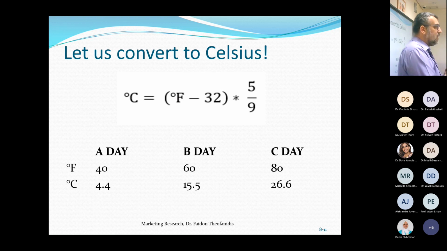Ordinal means ranking. And ranking does not imply that there is equality of difference between the ranks. I'm first, you are second, you are third, but maybe I'm far away from all of you. But in interval, I know how far away I am.